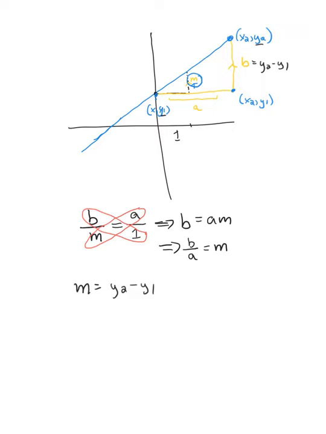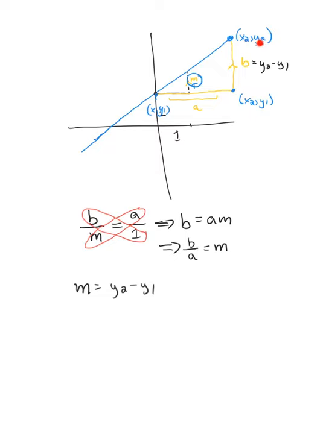Because it's on the same horizontal line as x1, y1, it's going to have the same y coordinate. And it's on the same vertical line as x2, y2, so it's going to have the same x coordinate. So you can see that the length of this line is the difference between the y values.